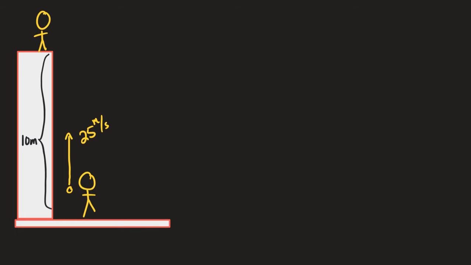Meaning gravity accelerates all objects downwards at 9.8 meters per second squared near the surface of the Earth. I'm being very careful because that's not true anywhere else, just near the surface of the Earth. On mastering, you have to use 9.8. In class, we use 10.